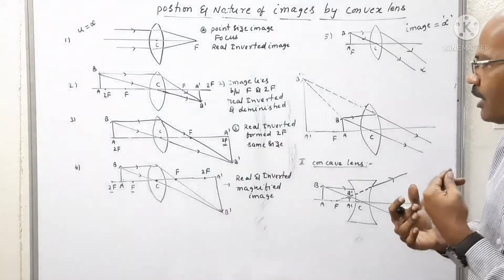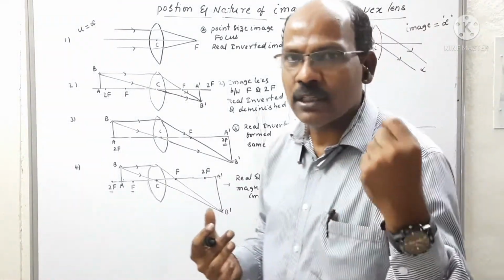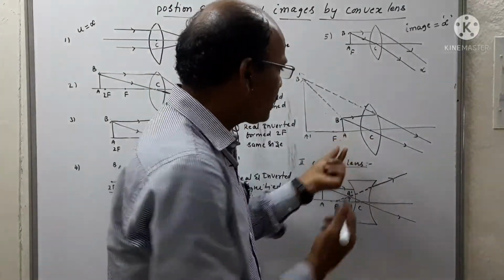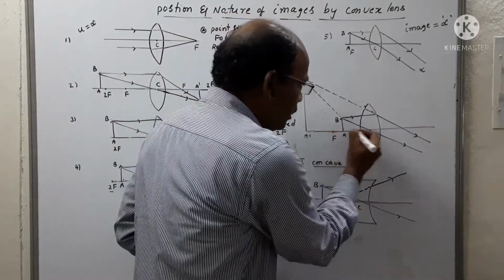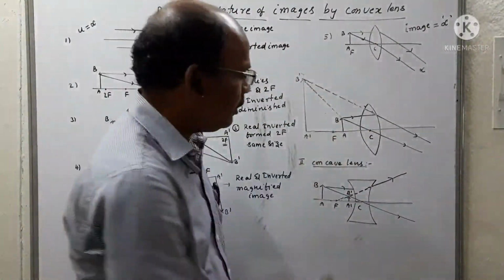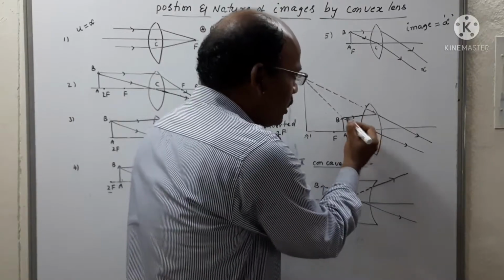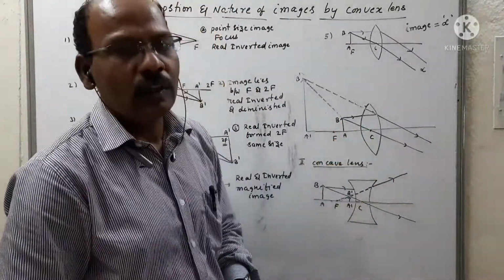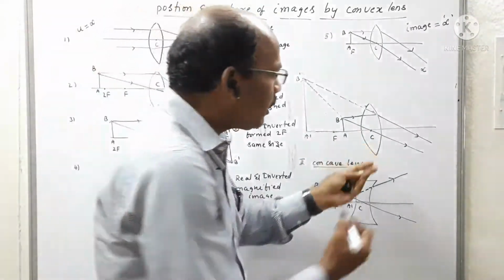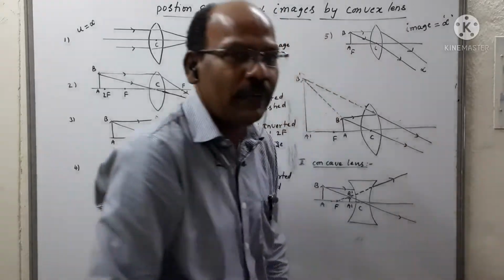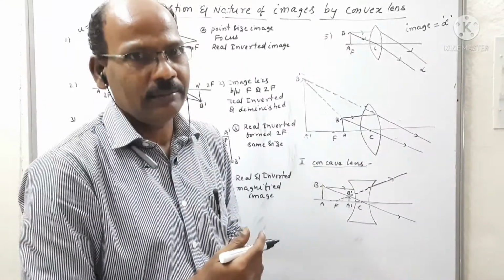And the last one, which is the special case of convex lens. Here, if the object is kept between focus and optical center, that means AB is the object, again we consider two rays. One is parallel to the principal axis, another one is passing through the optical center. After refraction takes place, there is no possibility of the two refracted rays to meet at one point.